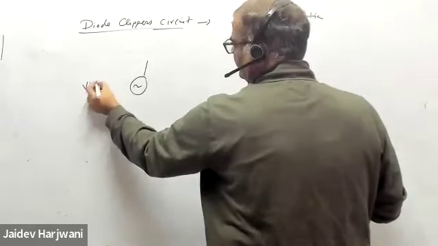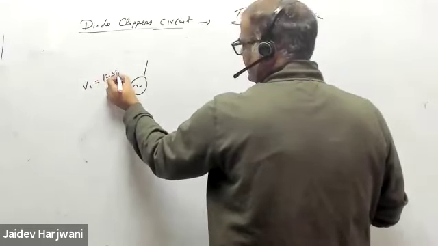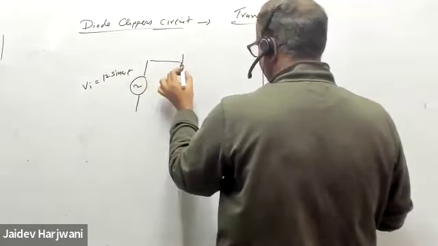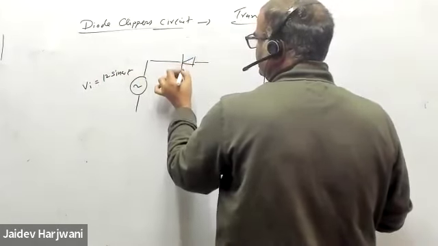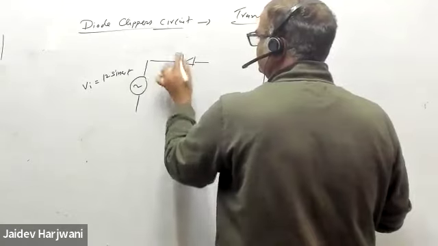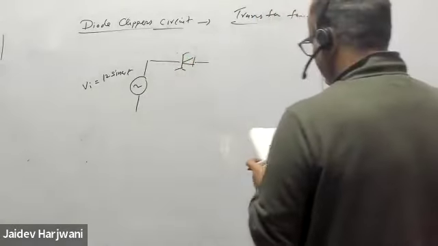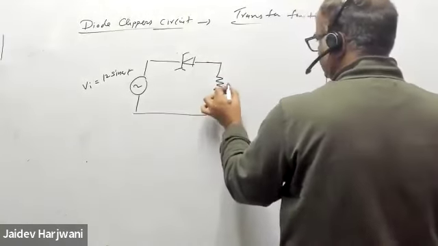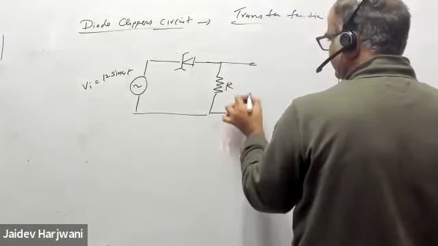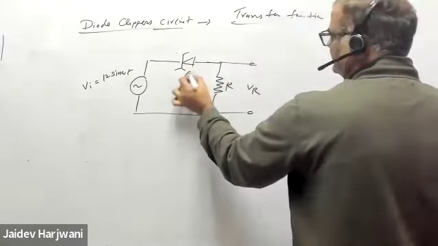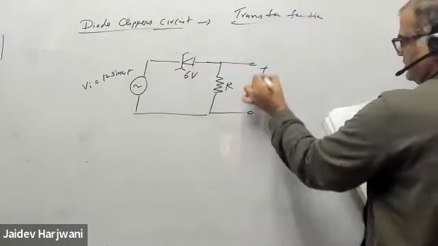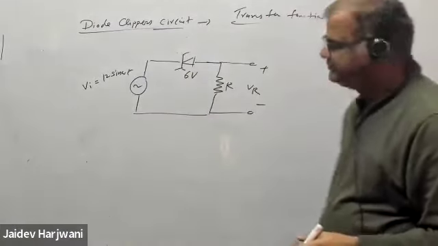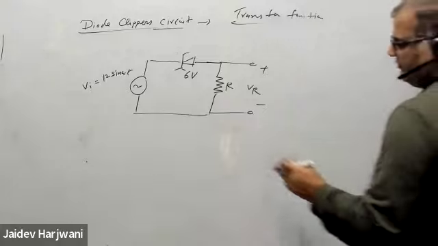V input is 12 sine omega t. This is a Zener diode. And this is your resistance R. And here you are measuring VL. This is 6 volt.